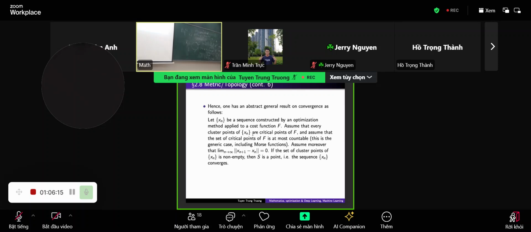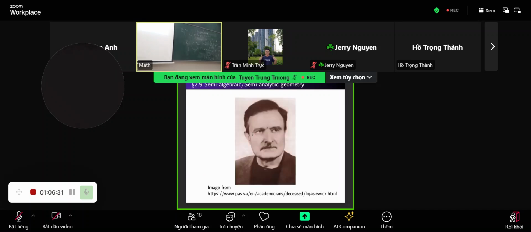So this is what we can state in general. You can also apply this to backtracking gradient descent, for instance, or to second-order methods.